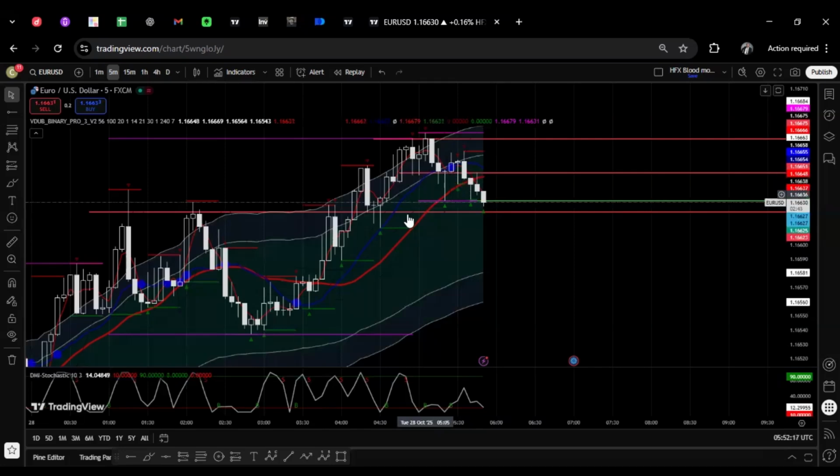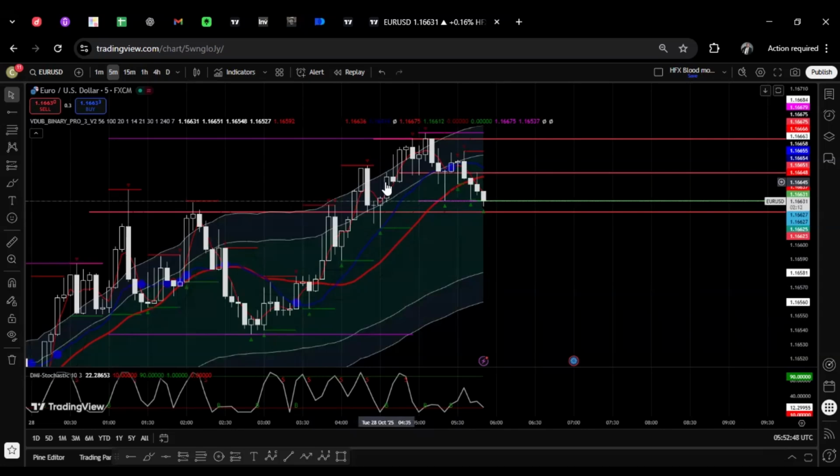So what I'm saying is that this market is actually doing what we call a pullback, because the red and blue EMA has been broken. Let me show you what it means. For the blue EMA, once it's broken and the market tests that blue EMA, it's your cue for a very strong buy.